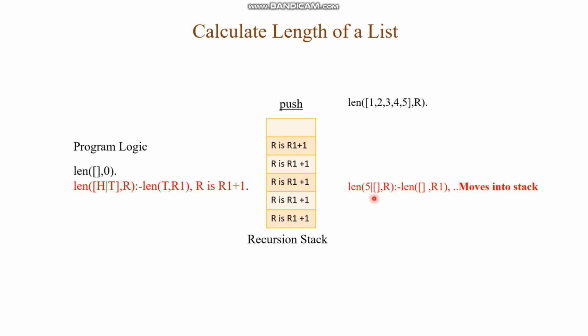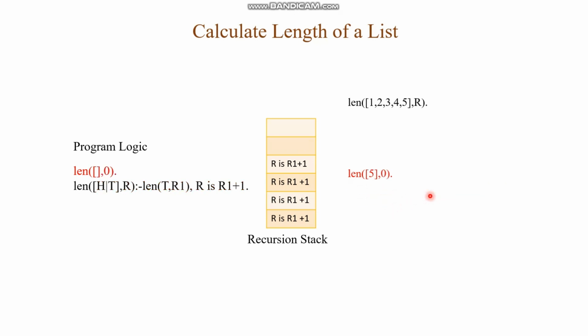This particular function, len of 5 comma r, called another function of the same name len, providing the empty list as the input parameter. So this function called the empty list function recursively.